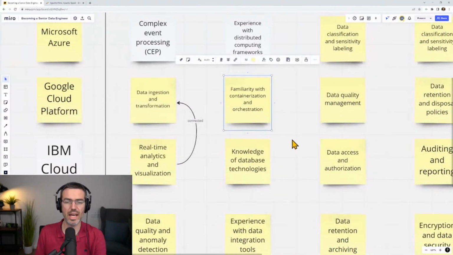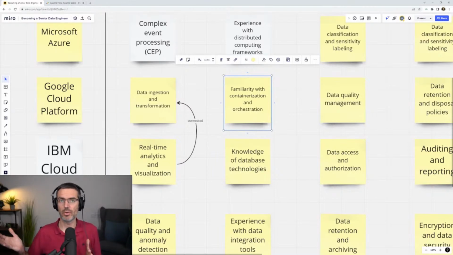Familiarity with containerization and orchestration. That is actually a big topic. Nowadays, whenever you deploy something, you try to deploy it in a containerized fashion, because containers are easy to deploy. Creating images is not easy, but you have a very nice process with checks and everything to create images for a Dockerized or containerized environment, and then these images get used to spawn containers.